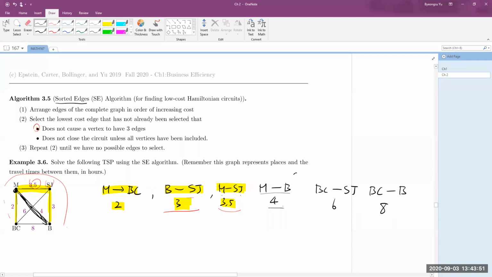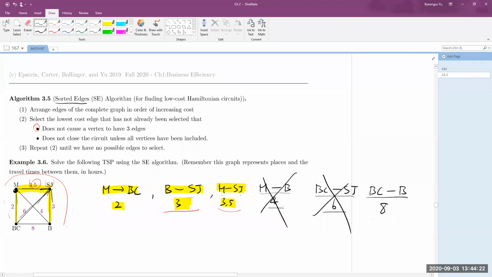So we cannot add this one, so just delete it, right? Again, for the next one, still ask the same question. If we add Veracruz to San Juan, does it make some vertex have 3 edges? Yes, which vertex? San Juan, right? So San Juan has 3 edges. So again, we cannot take this edge.